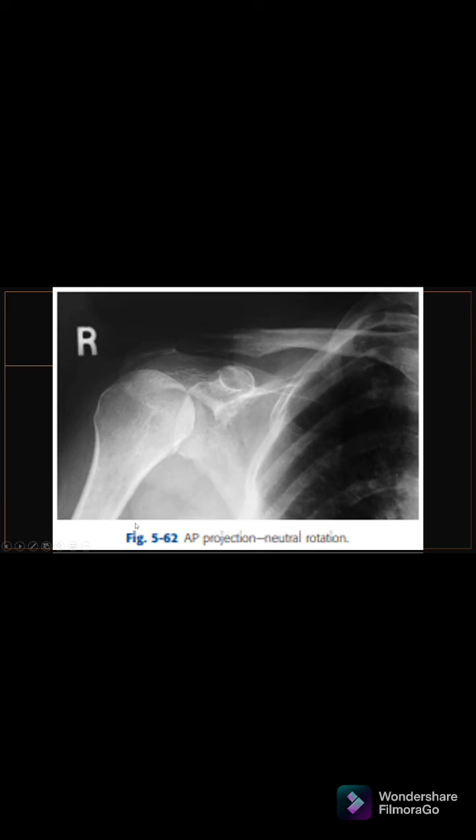So itong neutral rotation, it is a trauma procedure. So kaya siya iniiwasan sa routine procedures is kasi ang tubercles is mostly superimposed by the humeral head. Kasi kailangan nila ng varying na mga rotation, internal or external, para maklaro ang mga tubercle.